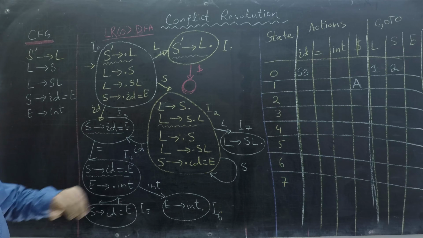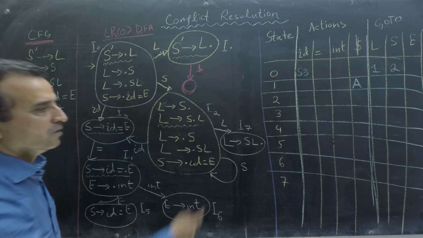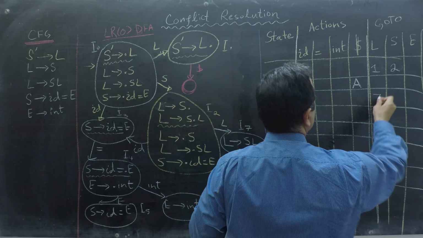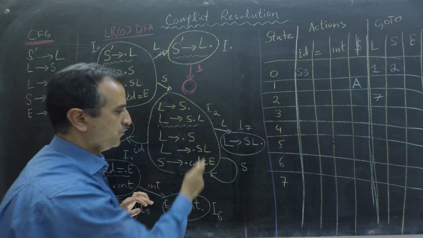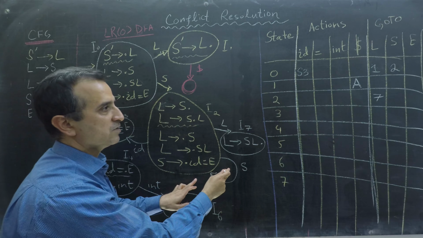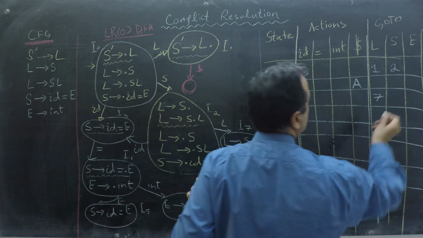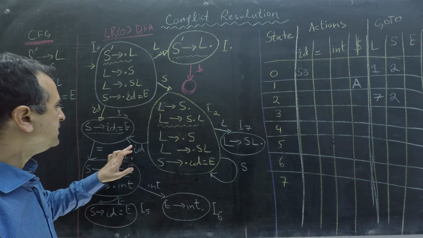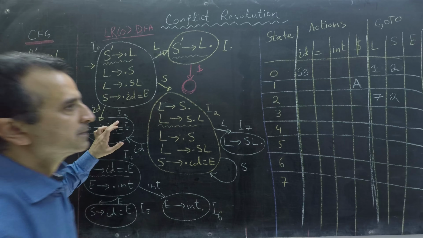Then from 2 on L, I go to 7. From 2 on S, I go to the same state. From 2 on ID, I go to 3.